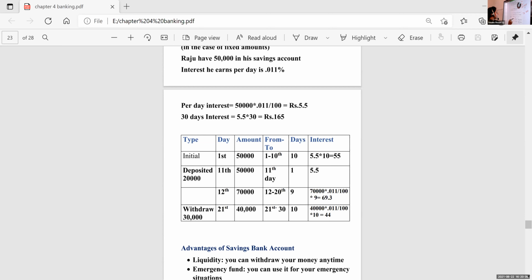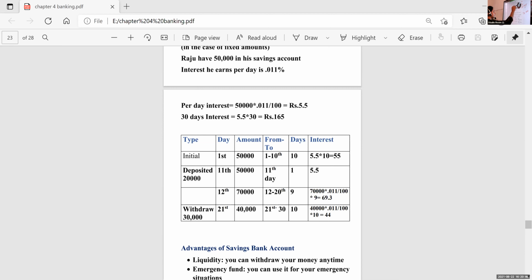So on the 11th day, interest is calculated on 50,000 itself. 50,000 into 0.011 gives you 5.5. Even though there was a deposit of 20,000 and the balance became 70,000, for the savings account the interest is calculated on the lowest balance, which was 50,000 on that day. Okay, so that's about the 11th day.